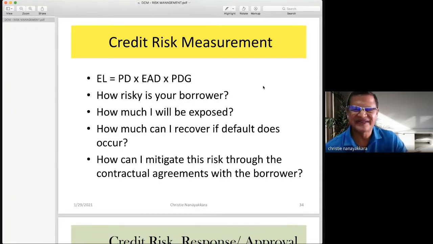We'll say you give a customer a single A loan payable over 5 years. Then you monitor these facilities over the last 5 years and see how many single A customers have defaulted and at what stage. For example, a single A customer who has taken a 1 million loan. 1% of customers have defaulted after the third year.